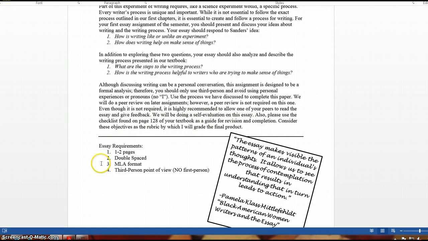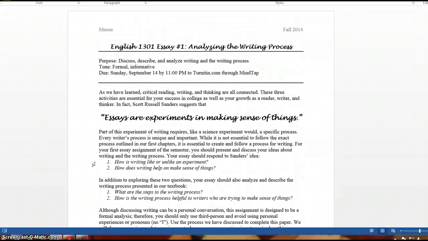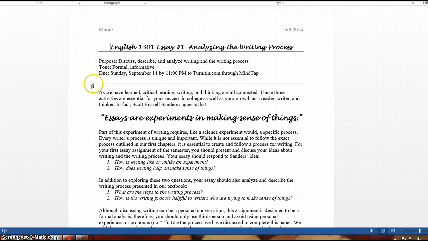Here are the requirements for the essay: 1 to 2 pages, double-spaced, MLA format, third-person point of view. I know this is a very quick rundown of the essay. I hope that once you read the prompt, you will understand it better. And of course, you're welcome to ask me any questions you have about the essay. This essay will be due in the coming weeks, September 14th.